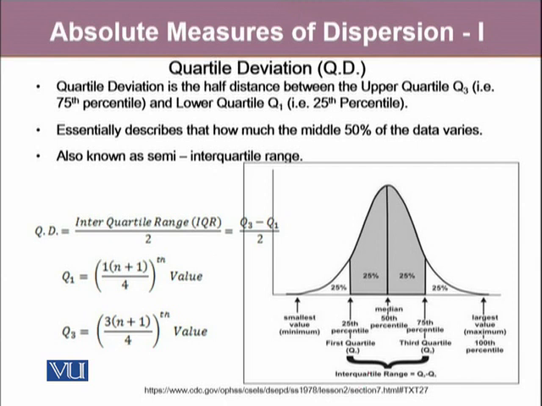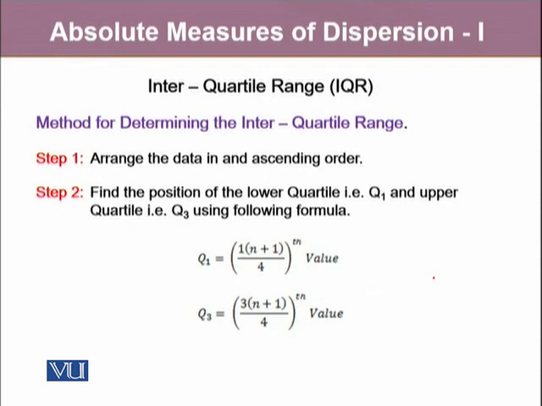If we look at this frequency curve, we can see that this point represents the first quartile and this point represents the third quartile. Quartile deviation talks about this 50% of the data and it completely ignores the rest of the 50% of the data. The method to determine the interquartile range is that we first arrange the data into ascending order. Over here, we are actually trying to calculate the interquartile range because this is more commonly used as compared to quartile deviation.